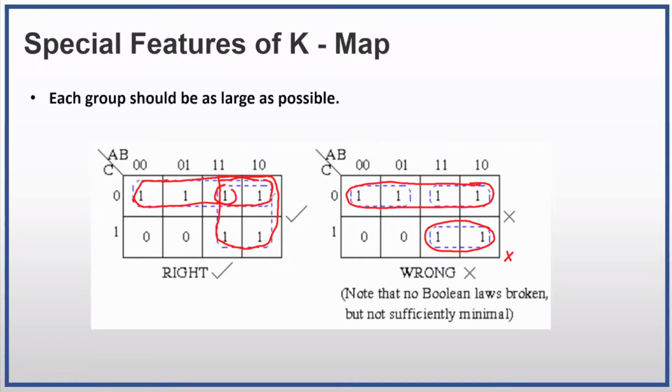These two cells are in both groups, but that's not a problem. In that case, the simplification happens very effectively. Okay, so let's move to the next part.